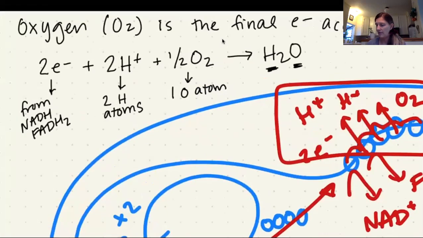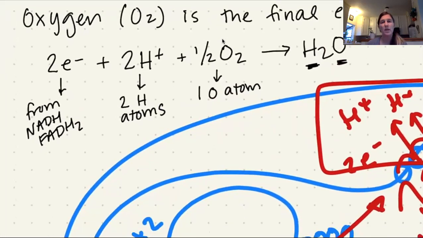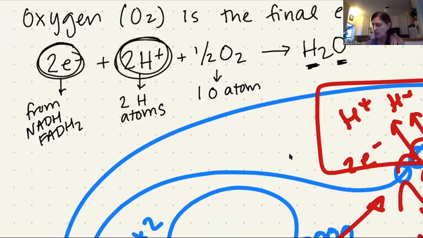So this is that final equation, which is responsible for making water. So we have two electrons from the electron transport chain. We need two protons, and we need half an oxygen, which is one oxygen atom. And that will make our water, which is one of the outputs of cellular respiration.